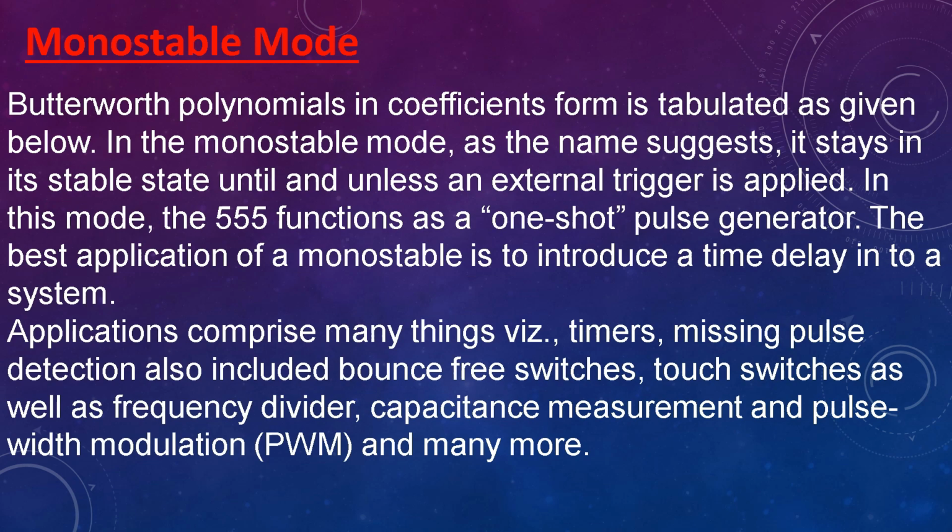The best application of a monostable is to introduce a time delay into a system. Applications comprise many things, viz., timers, missing pulse detection, bounce-free switches, touch switches, as well as frequency divider, capacitance measurement, and pulse width modulation, PWM, and many more.